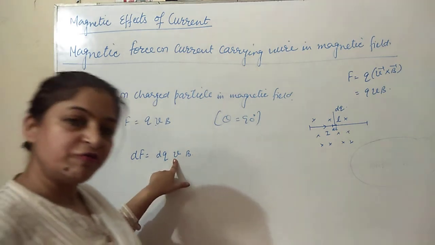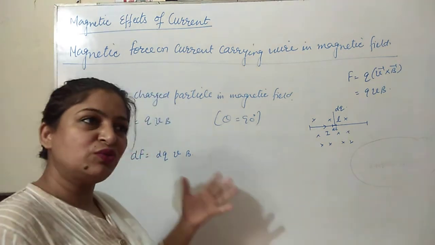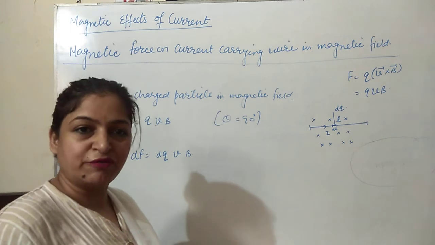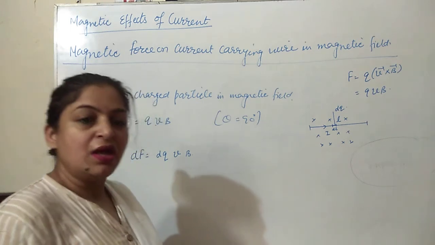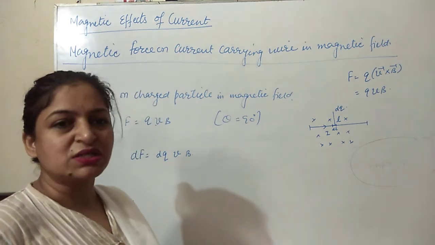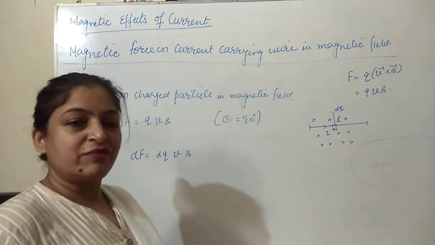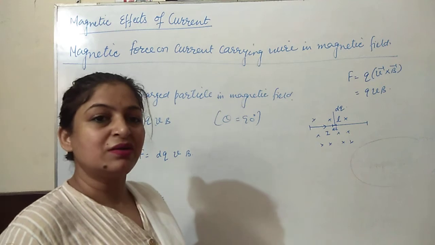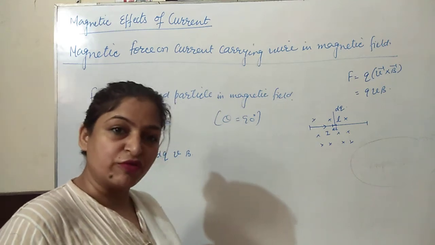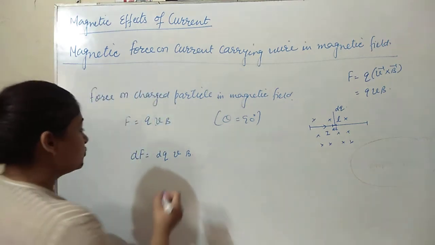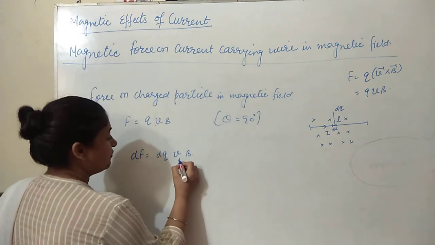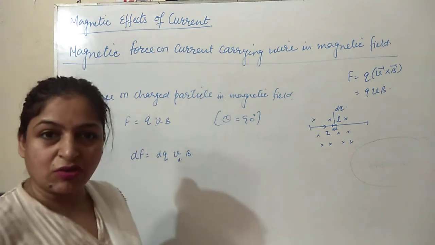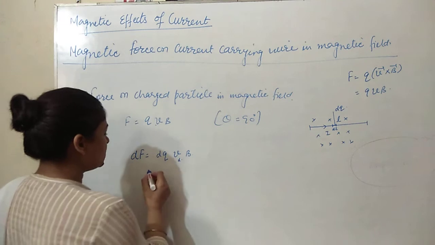V is the drift velocity of the electrons, because the current is due to the drift velocity of the electrons. Otherwise, electrons keep moving inside the conductor, but the average thermal velocity would be 0. So if current is flowing through the conductor, electrons must be moving with the drift velocity. And what is drift velocity?